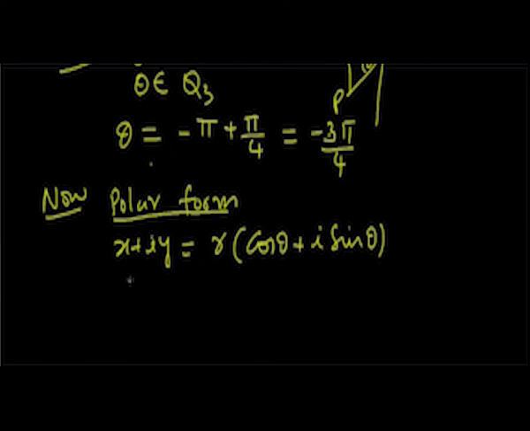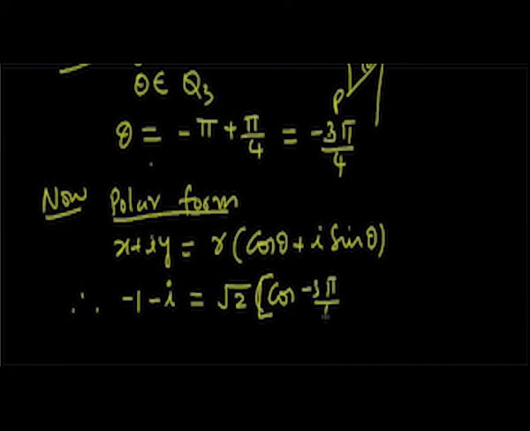So for this given complex number minus 1 minus i, the polar form will be, r value is root 2 and the theta value is minus 3 pi by 4, root 2 into cos minus 3 pi by 4 plus i sin minus 3 pi by 4.